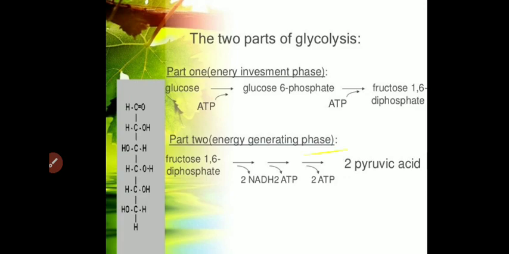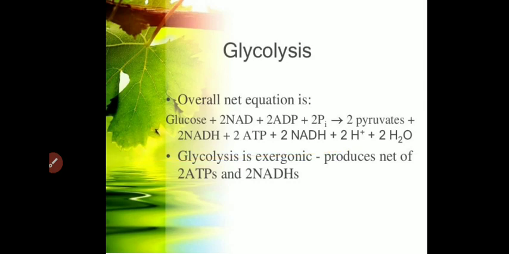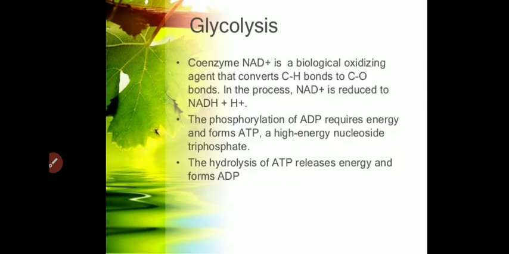Generally glycolysis is carried out in 10 major steps, and when all the 10 major steps are carried out we get the overall net equation of glycolysis, in which pyruvic acid is produced as well as the energy or ATPs are released in the net reaction of glycolysis. So we will now start with the glycolysis process.